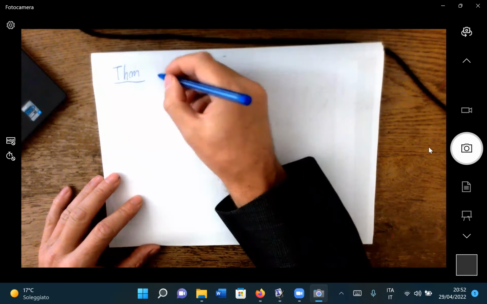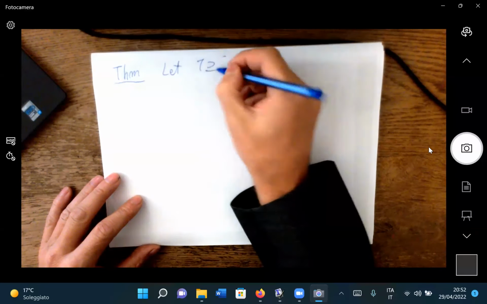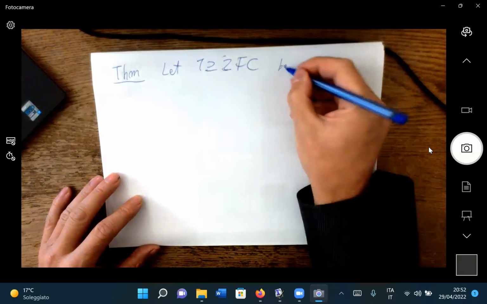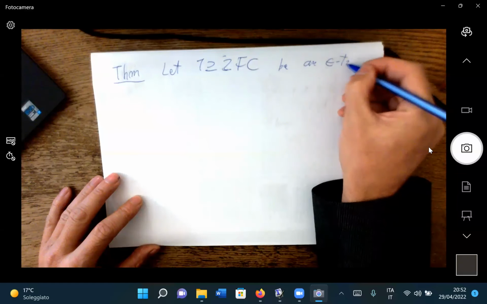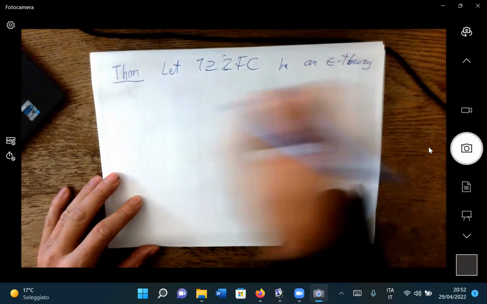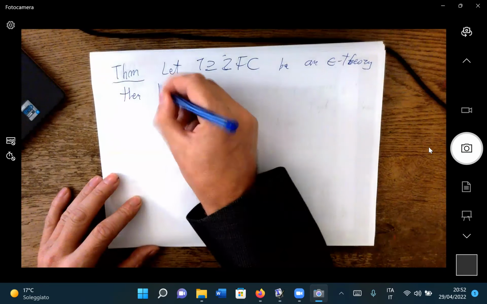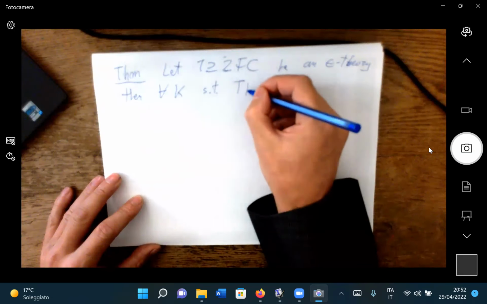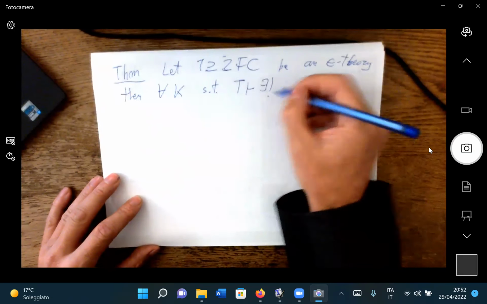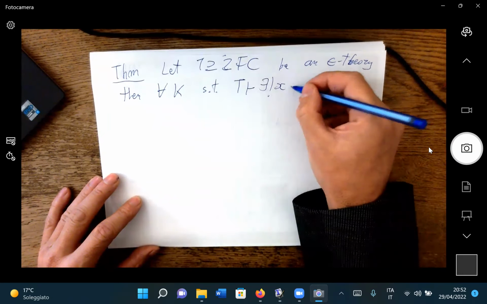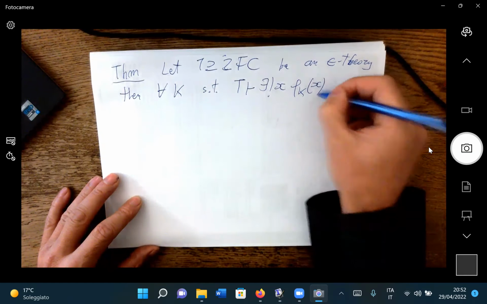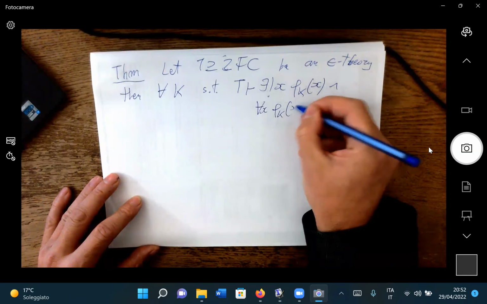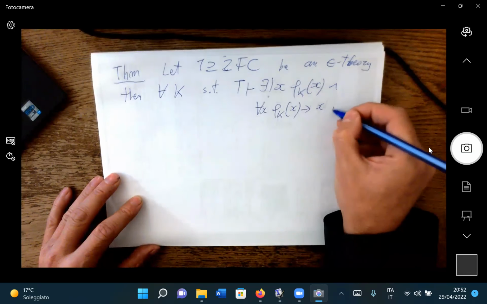No, there are many. So let T contain ZFC, be an epsilon theory. Then for any kappa such that T deduces there exists exactly one x such that phi kappa x, and for all x, phi kappa x implies x is a cardinal.